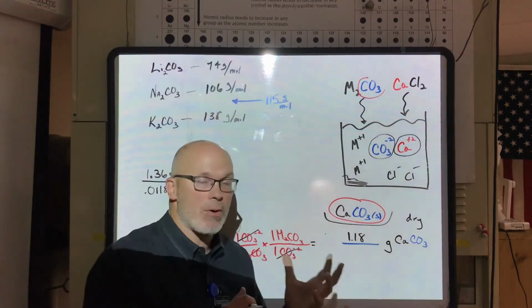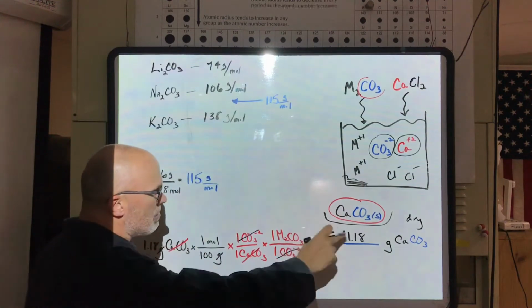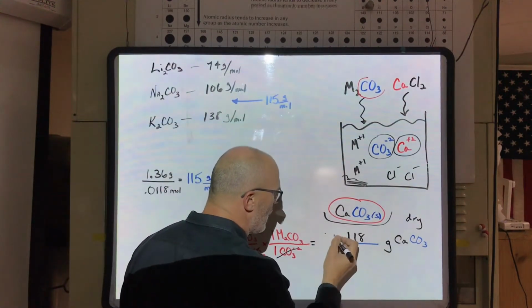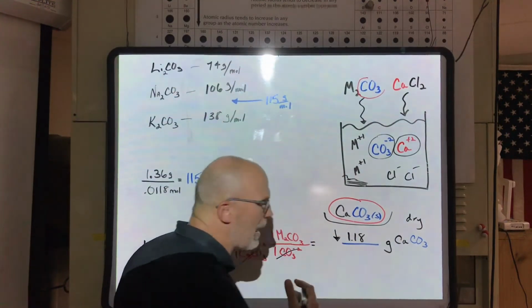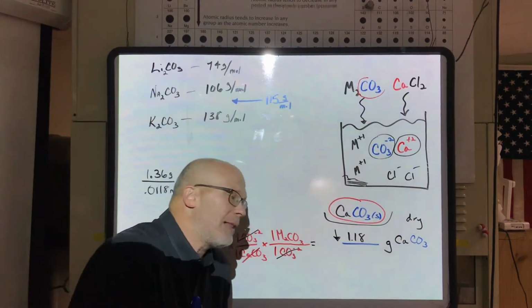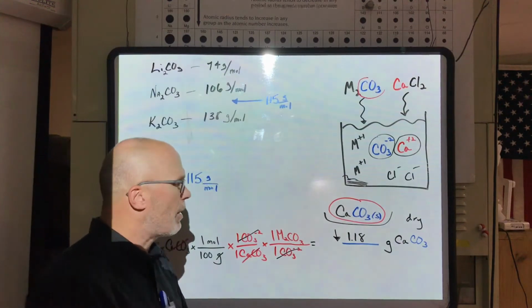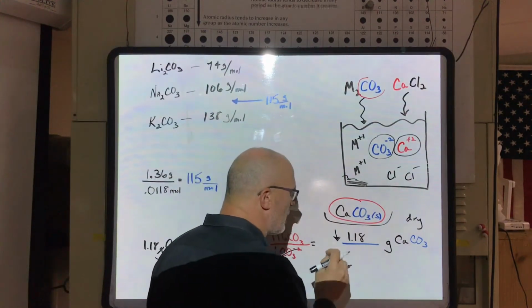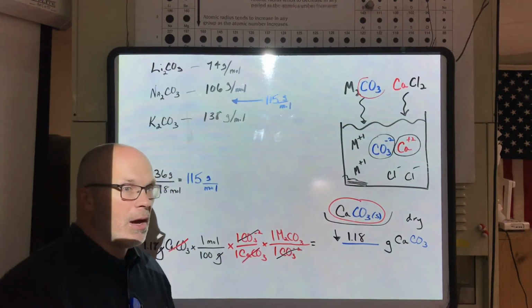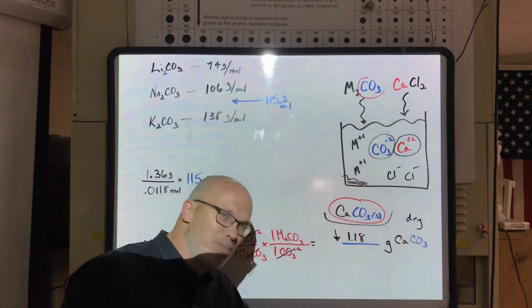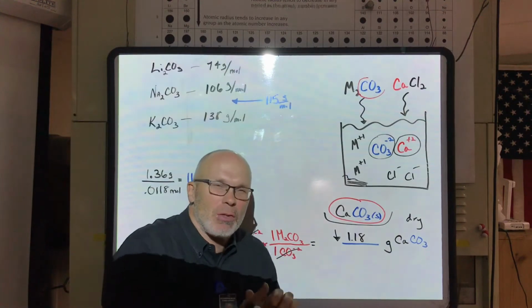So the limiting part of this procedure is that this mass of calcium carbonate is an undervalued result. It should be bigger. We had to lose something or didn't collect it all in the filter paper. So I know that this is definitely going to be smaller than it should be. And that's the important key here, is that our percent yield should be under 100. We should have lost some.